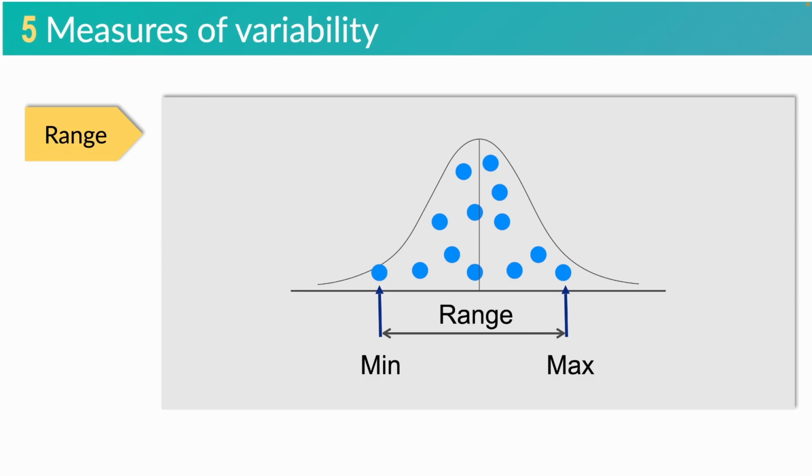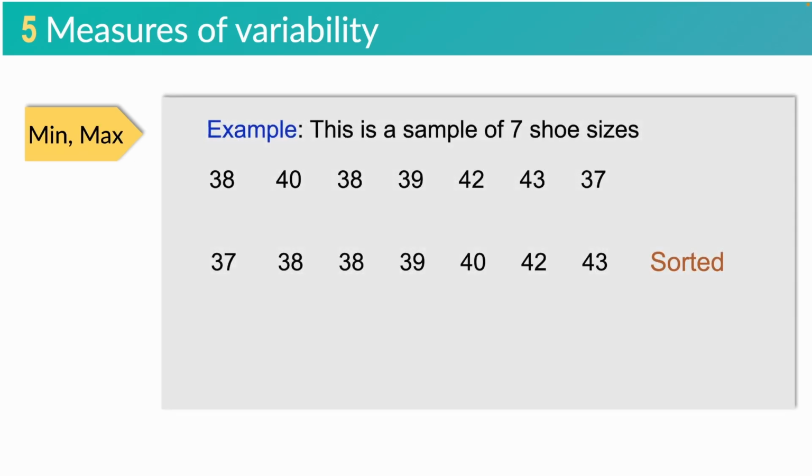The range is the difference between max and min of the dataset, or max minus min. For example, the range of this data is equal to 43 minus 37, and it equals 6. Range gives us information about how the data spreads between min and max.